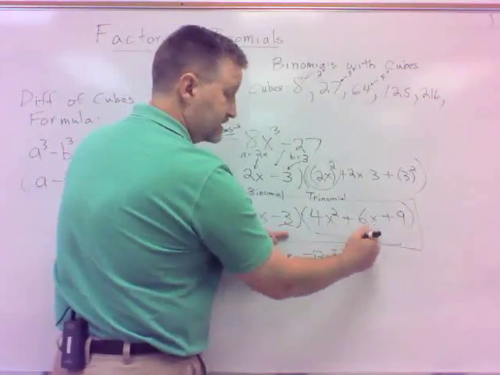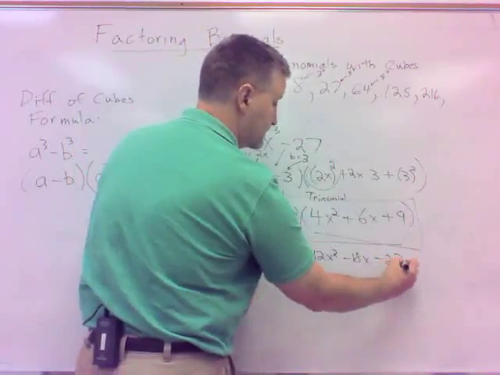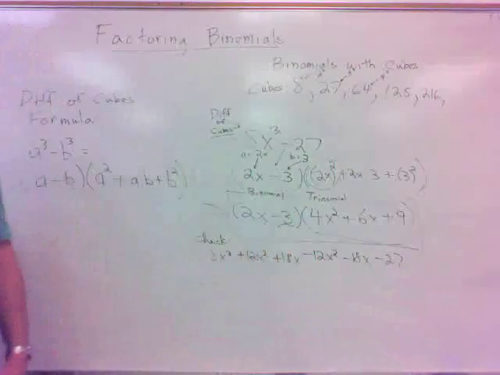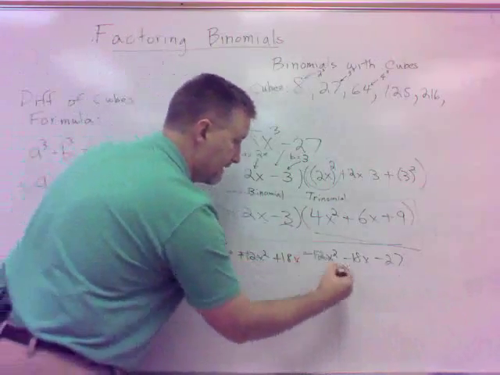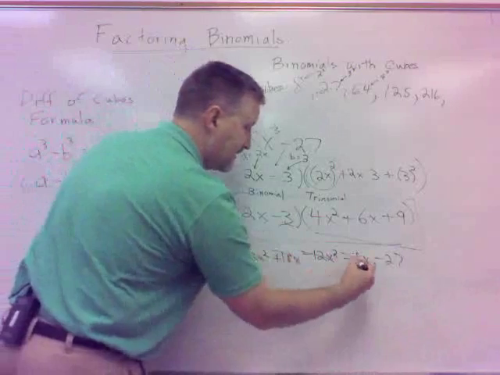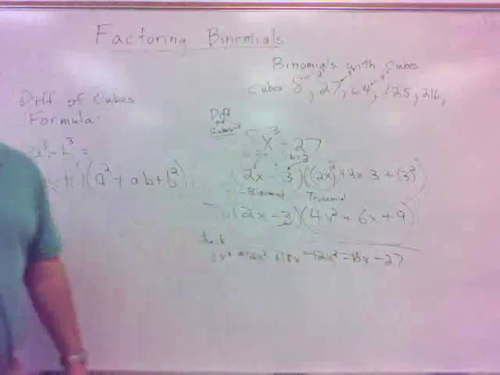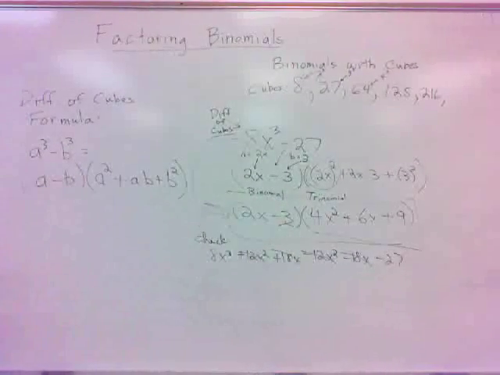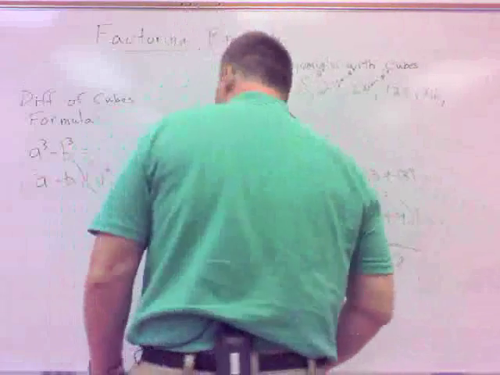Minus 3 times 6x is minus 18x, and then minus 3 times 9 is minus 27. And you see why this works. What happens here? 12x squared minus 12x squared, gone. 18x minus 18x is gone. So we wind up with 8x cubed minus 27. Okay? So it works. You don't have to check it necessarily every time, but just wanted to show you that it does work. Okay? All right, so let's try another one here.